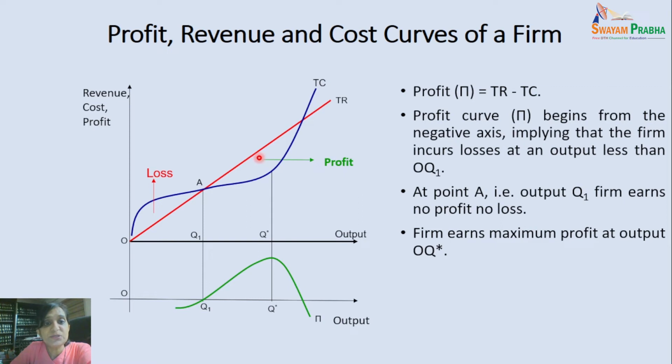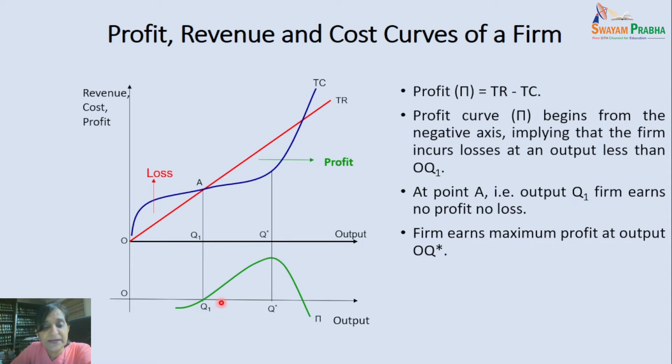The difference between TR and TC is your profit. The point where this gap is the highest means the maximum profit is being earned. If you see this OQ star on the graph, the profit curve is the highest at OQ star.